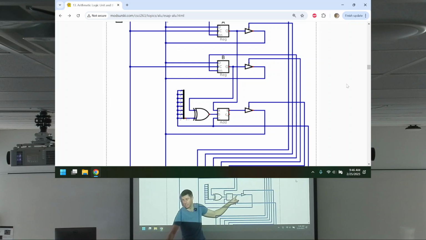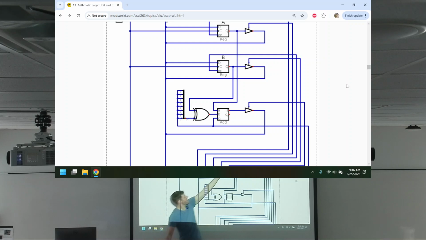There's a 19 right here, but we're controlling whether or not something is being output here. So right now, 15, 4, 19. If I were to output the adder to the bus and put it into A, okay?